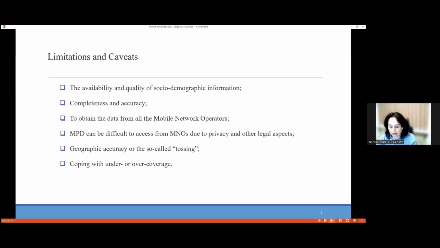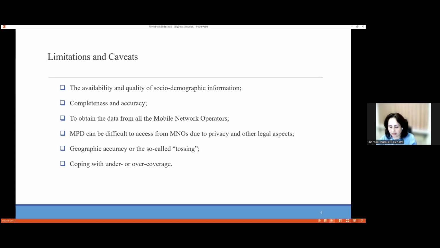It is crucial to obtain the data from all mobile network operators existing in the country, since if a person changes his or her mobile operator and keeps the device, it will not be possible to track his or her activities.